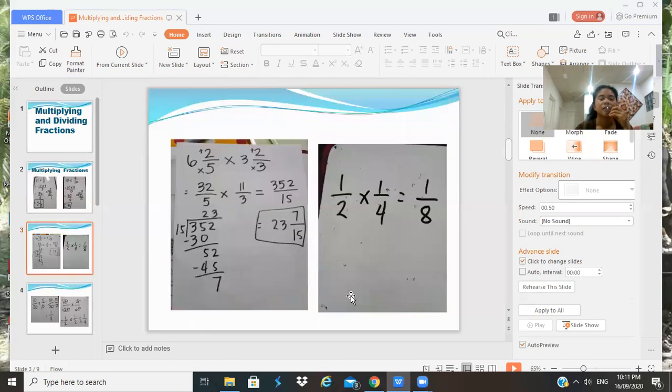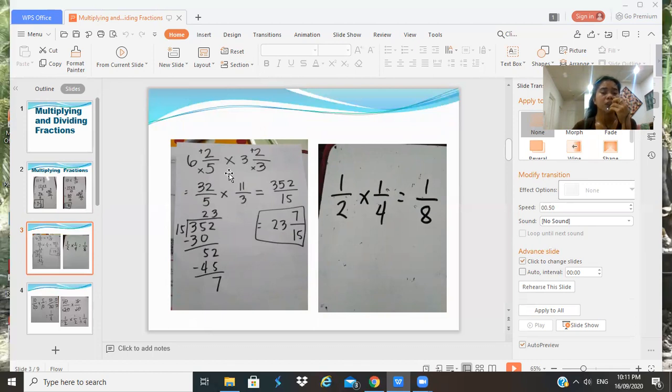Next example. If we are going to multiply a mixed number and a mixed number. We have here 6 and 2/5 times 3 and 2/3. They are both mixed numbers. In multiplying mixed numbers, the first step is to rewrite them as improper fractions.